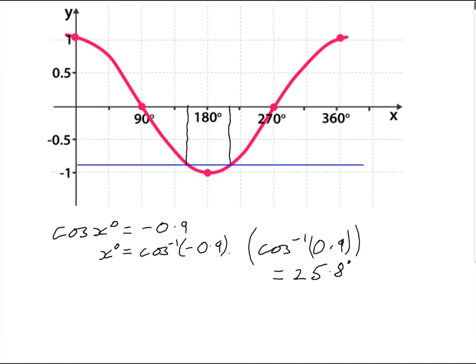What that also tells us, because of the symmetry of it all, is that this part here from 180 back is 25.8, and this part here from 180 forward is 25.8. So our two possible solutions to the inverse cos of negative 0.9 are either 180 minus 25.8 or 180 plus 25.8.